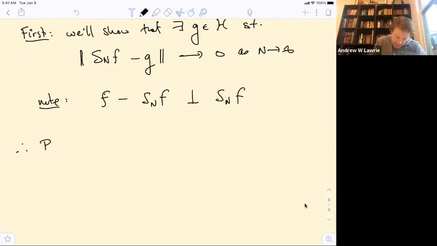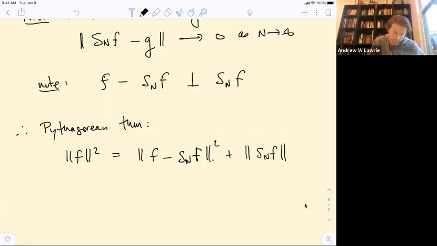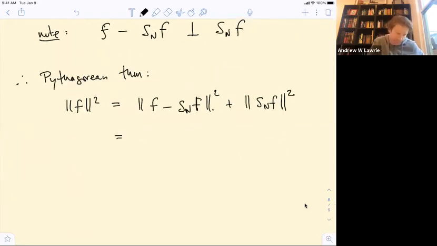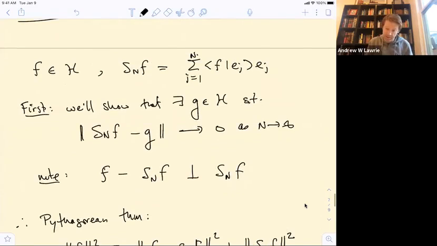So therefore, by the Pythagorean theorem, norm of f squared is equal to norm of f minus S_n f squared plus norm of S_n f squared, which is equal to norm of f minus S_n f squared plus the sum from k equals 1 to n of f paired with e_k squared.